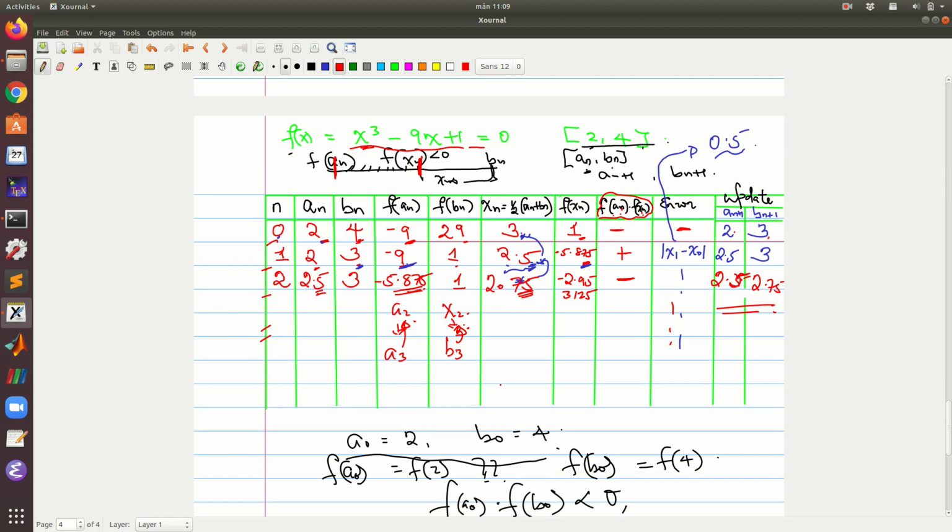You can try this out for just 3 more steps, just to be sure that you have understood the logic, especially of this update and where the root is going to lie. You can terminate after the next 3 steps if it is not converging.